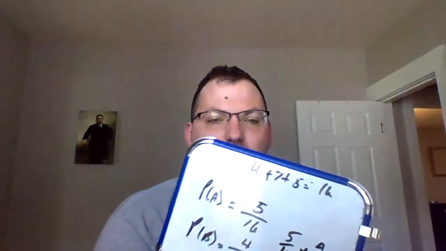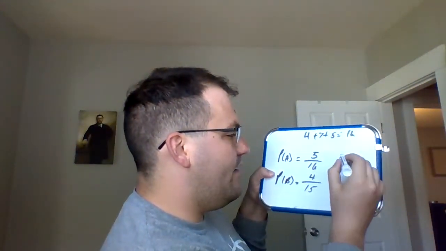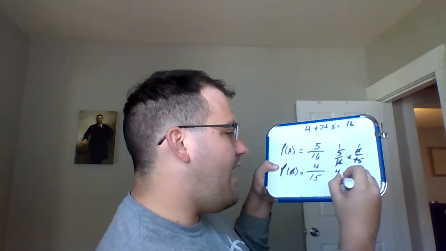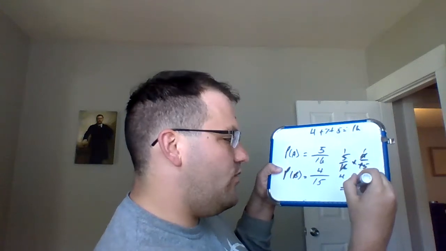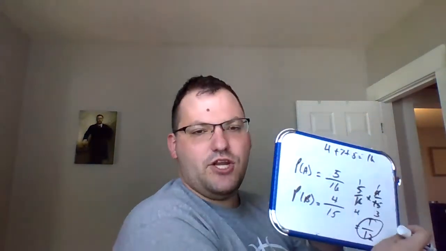And so now I multiply 5 over 16 times 4 over 15. And I can do some fun little cross-dividing, and I'm left with 1 times 1 is 1, 4 times 3 is 12. There's a 1 out of 12 chance that I would pick 2 apples. That's an example of a dependent event.